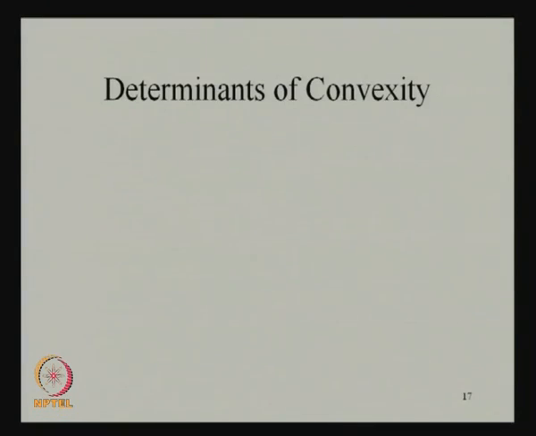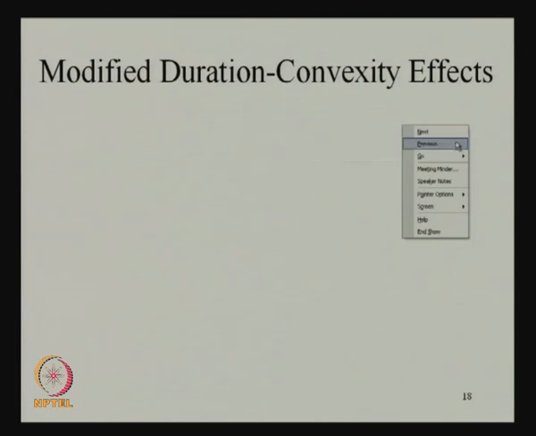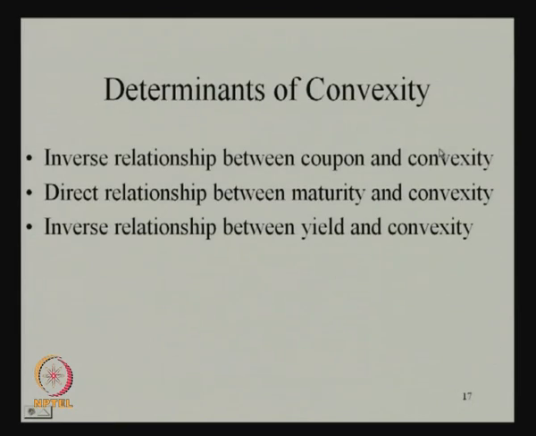Which are the determinants that measure this convexity? There is an inverse relationship between coupon and convexity, keeping yield to maturity constant. There is a direct relationship between maturity and convexity, keeping yield and coupon constant, and there is an inverse relationship between yield and convexity, keeping coupon and maturity constant.